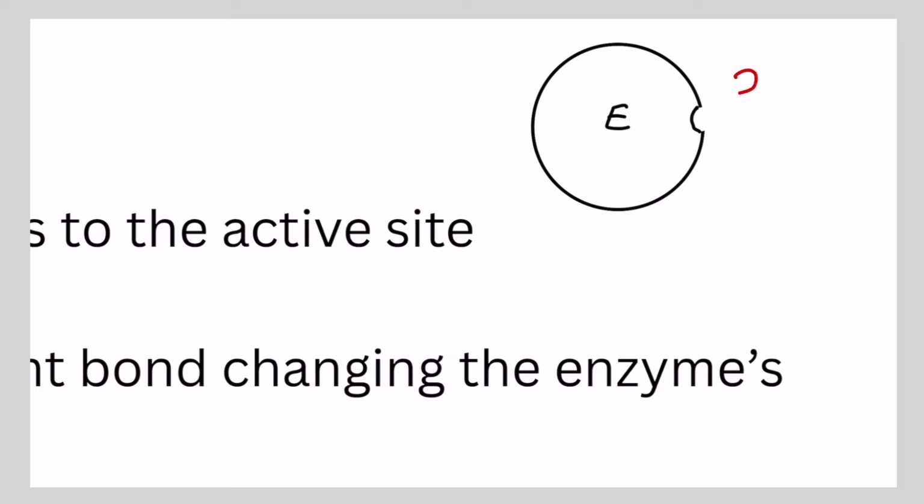And we have the usual substrate that binds this place, but we are going to have a competitive inhibitor. This is our competitive inhibitor, which is going to inhibit this enzyme by binding with a weak bond to the active site.